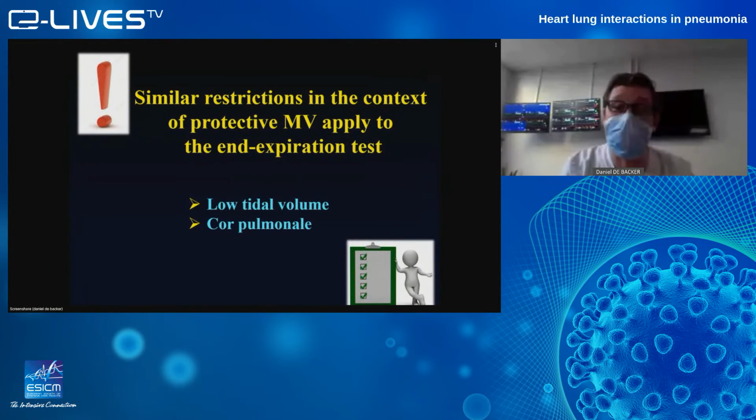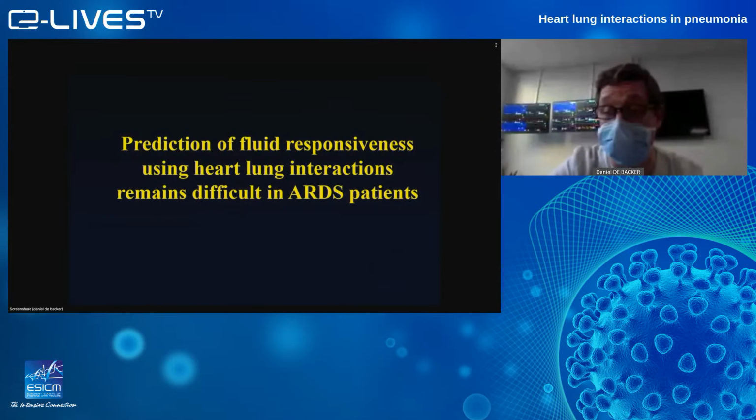But the similar restrictions of the context of protective ventilation apply to this test, because when the tidal volume is too low, the changes during the expiratory occlusion will be relatively minimal. And of course, acute cor pulmonale will also be positive with the end-expiratory occlusion. So unfortunately, we still need to do the echo before doing this kind of test, just to ensure that the patient is not on the acute cor pulmonale side.